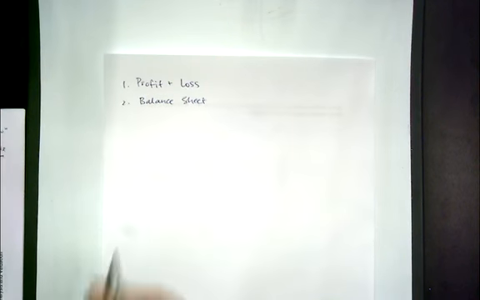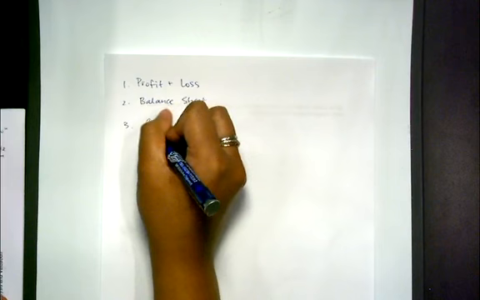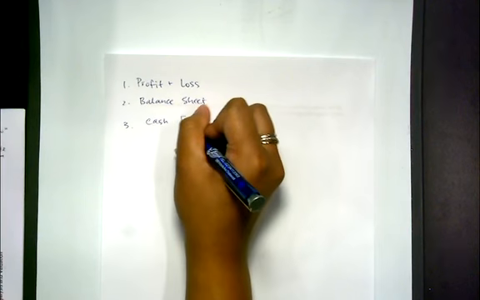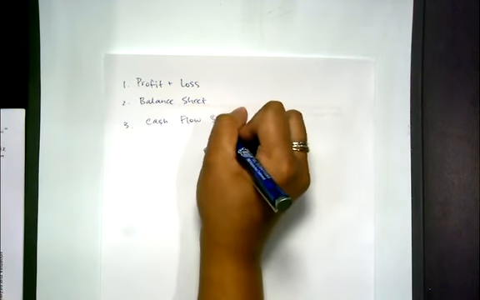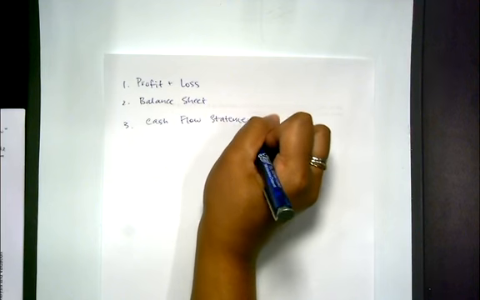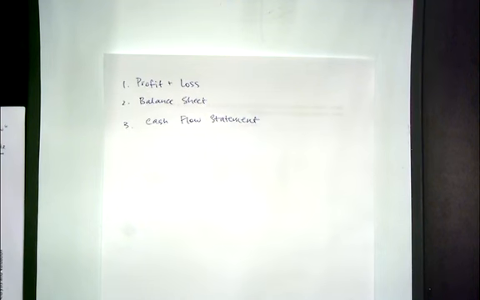And the last one? Cash flow, great. And what's the most important one? Anyone want to guess? Yeah, that's right. They're all very important, and we need to use all of them.